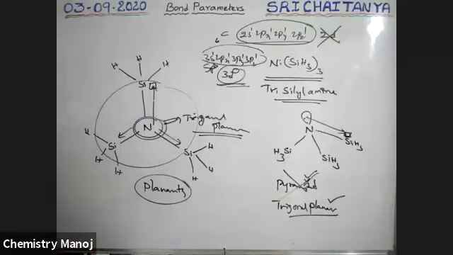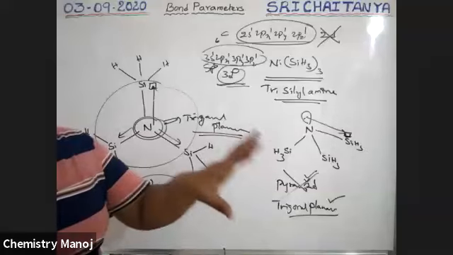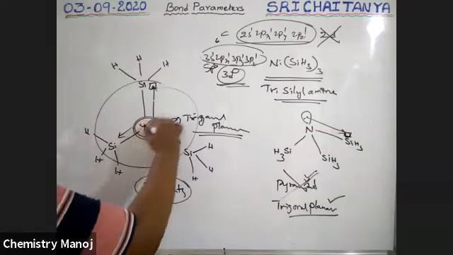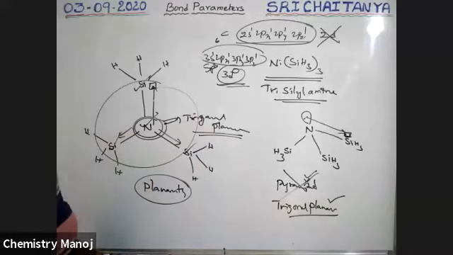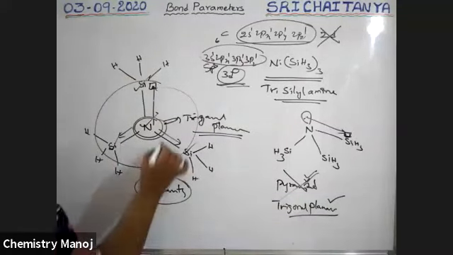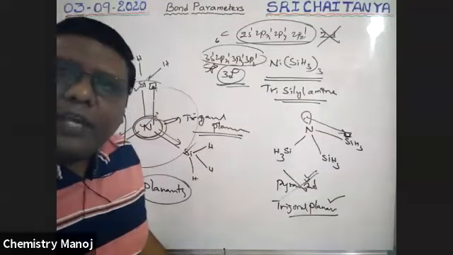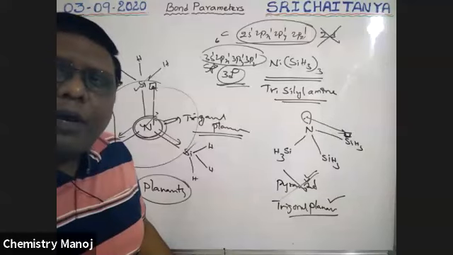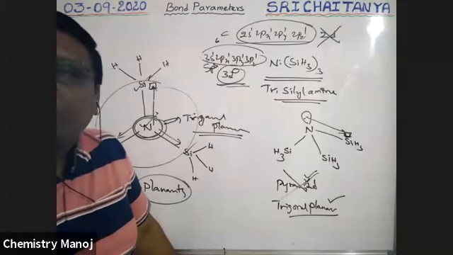So in this molecule, how many atoms are in the same plane? This nitrogen and these three silicon atoms. Four atoms are in the same plane, but not the hydrogens. So now, what is the shape of trisilylamine at nitrogen? Is it pyramidal or trigonal planar?